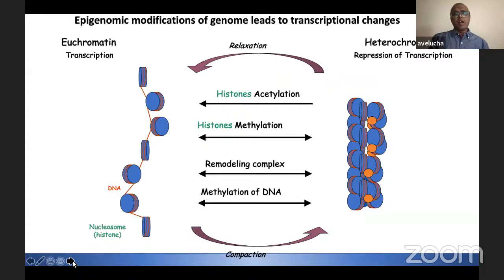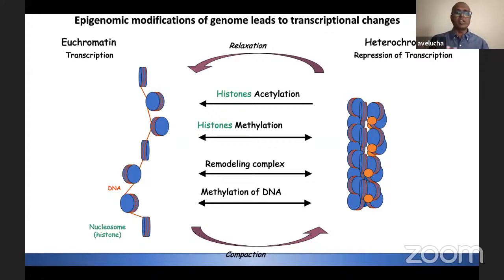Also, as I said in the earlier slide, these are histone proteins, and the red one is the DNA. So for this DNA, a mutation is irreversible. But in epigenomic modifications, if you add a chemical group, that chemical group can also be erased over time.